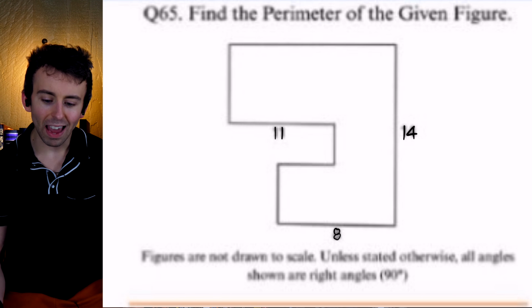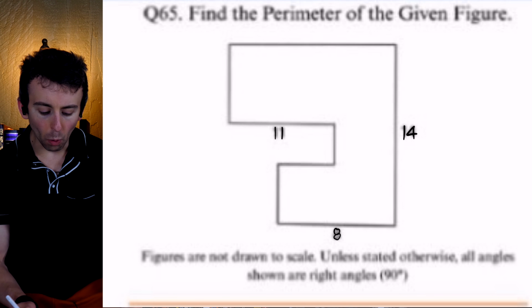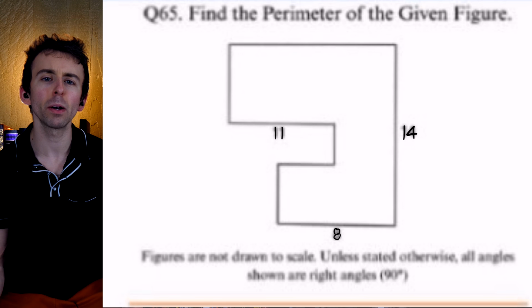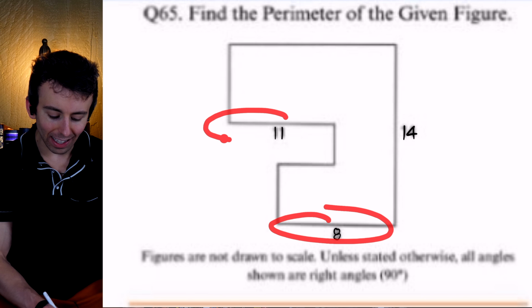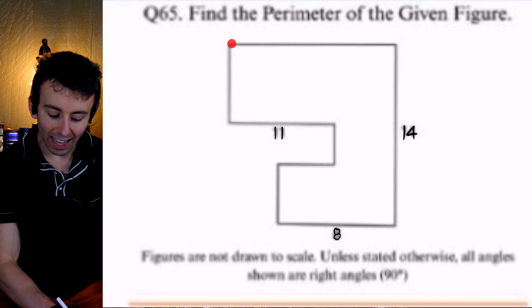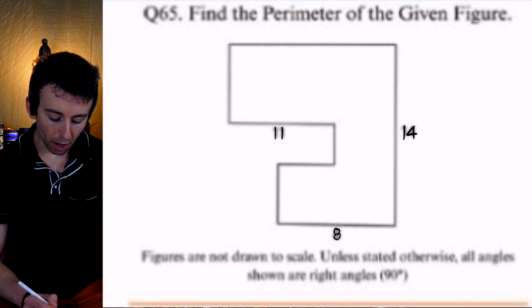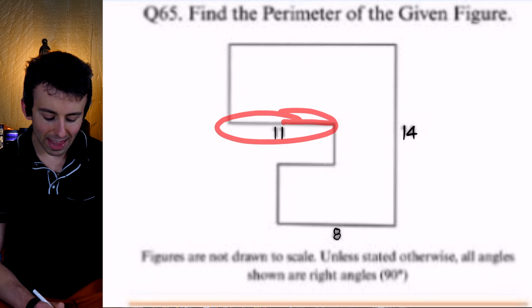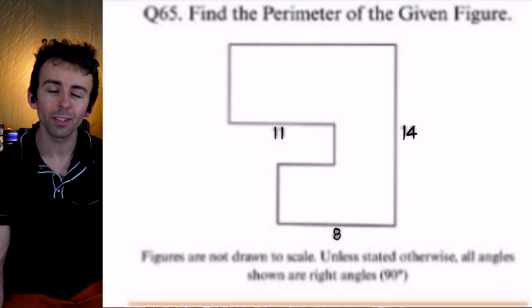Well, what actually happens if we add 8 and 11 in order to, say, calculate the length of this segment? Of course, that's not accurate, but what's the error? Well, if we add 8 and 11, we are going to get the length of this segment, and we're going to get a little bit extra. That extra, of course, is this length here, because that's part of the 11, and that length is also part of the 8, so we get an extra one of those.